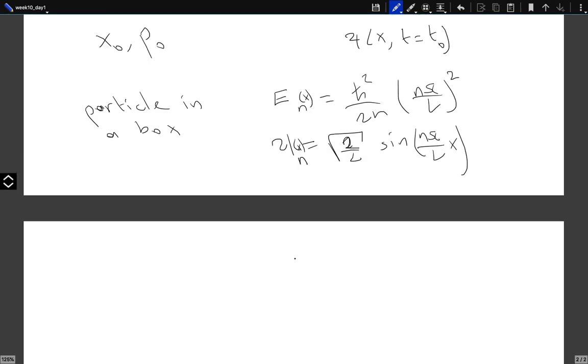But we had also discussed the Schrödinger equation is linear, meaning that if, let's say, psi 0 is a solution, psi 1 is a solution, and psi 3 is a solution, this is also a solution of the Schrödinger's equation. Well, this is not exactly a solution, but let me write the time dependent.